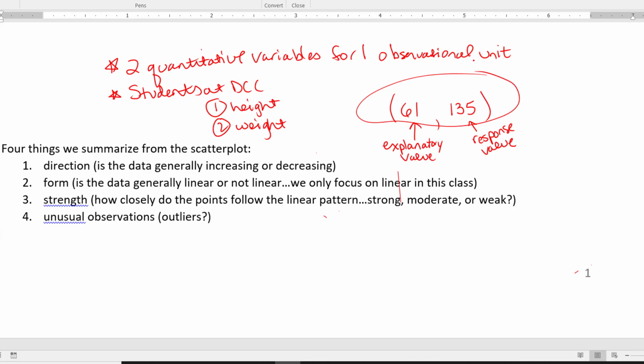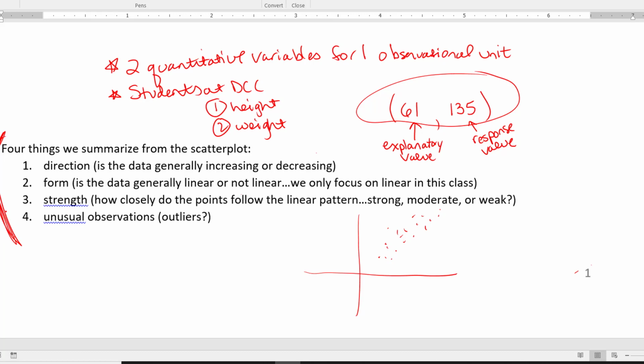So from those points, we are often going to organize and think about the pattern in order to try to understand if there is a correlation between the explanatory and response variable. We are going to create a scatter plot that organizes all those points. And then the four things that we're going to ask you to consider about the scatter plot are the direction of the scatter plot, that is, whether it is generally increasing or decreasing.